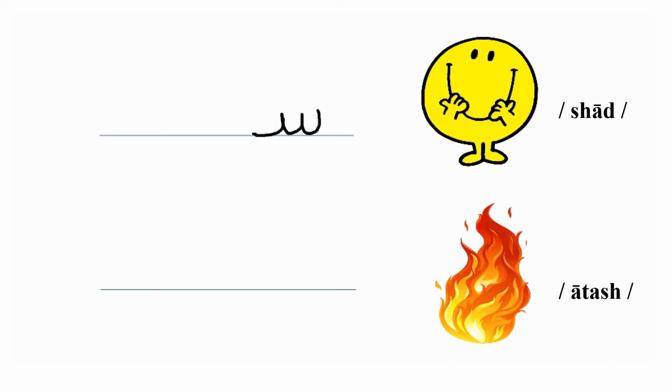So we have shad, we have she, 3 dots, then we have the long vowel a, and then comes de, shad.